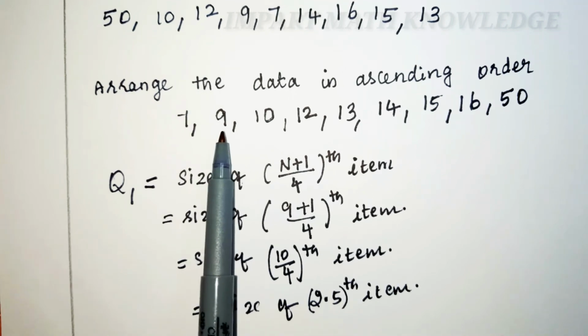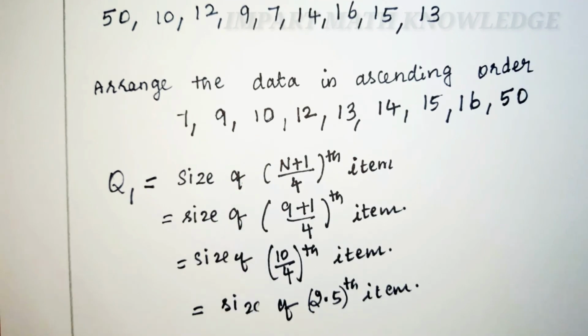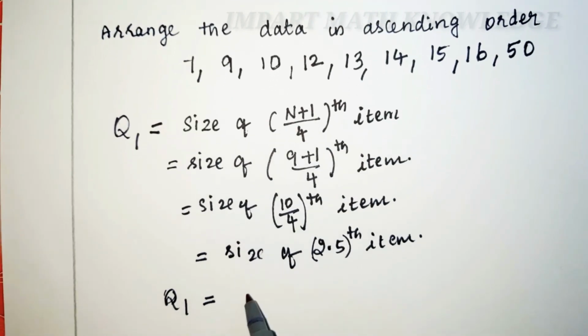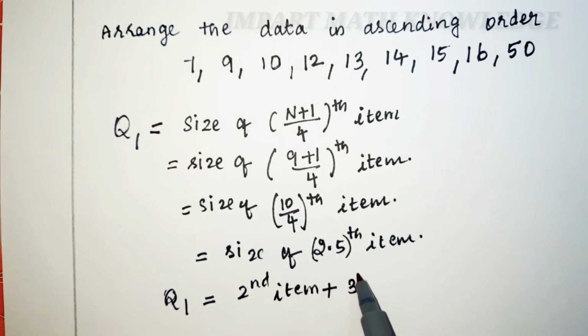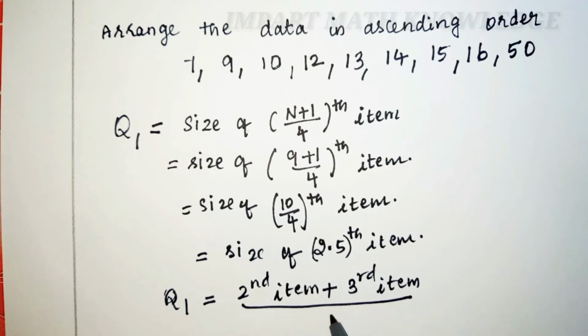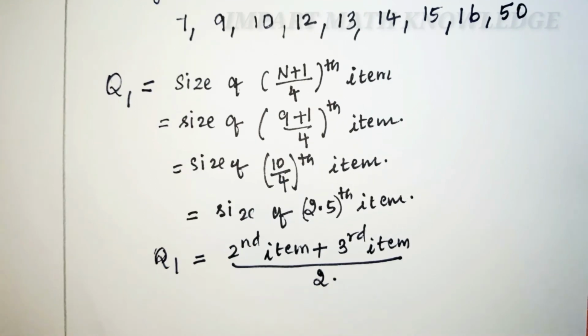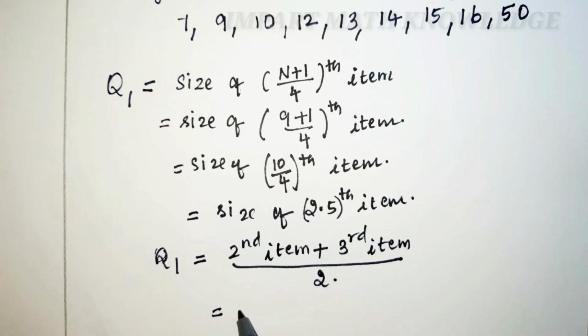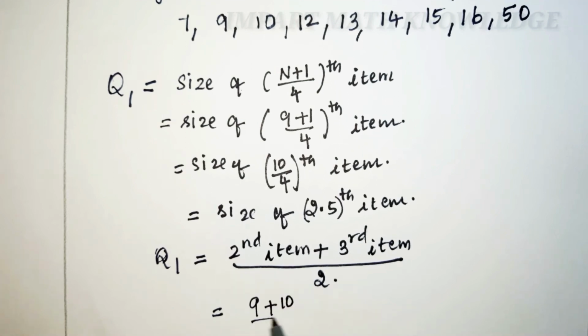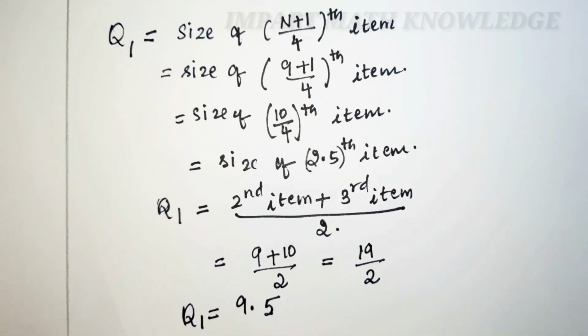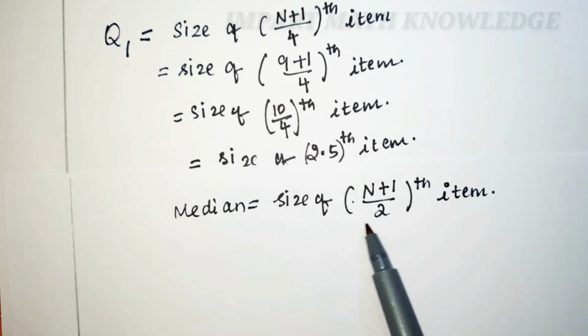The second item is 9 and the third item is 10. Q1 is equal to second item plus third item divided by 2, which is 9 plus 10 by 2. Lower quartile Q1 is 9.5.